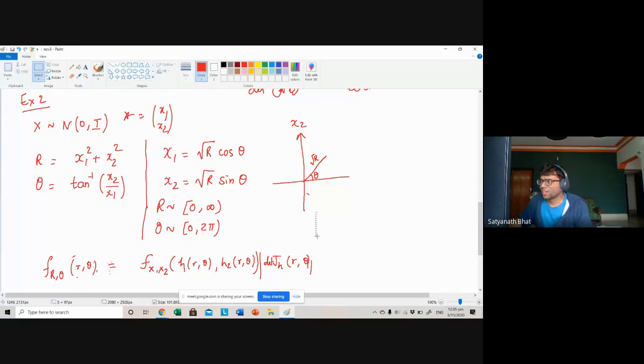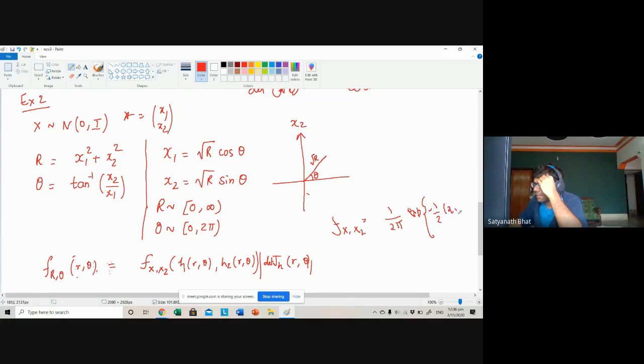Let's see. f of x1, x2. This is 1 over 2 pi to the power of n by 2, which is 2 pi, e power minus half.